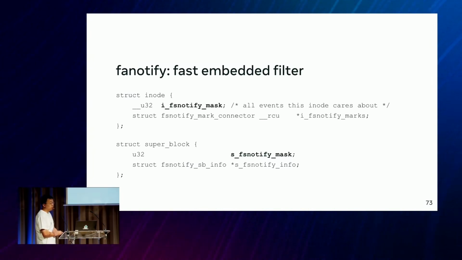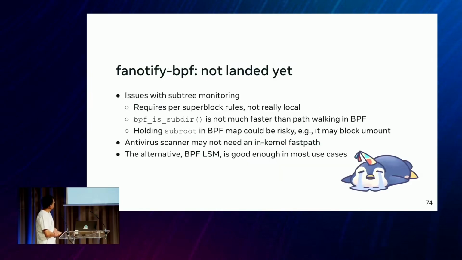And then BPF will decide whether it matches a subtree. As a result, it's not really local anymore. Also, this helper is not much faster, and our brilliant users have come up with ways to work around the path structure in BPF. In other words, this is not so attractive either.